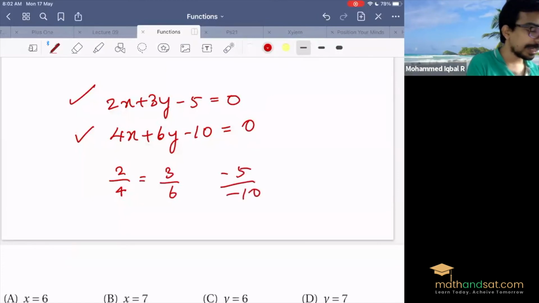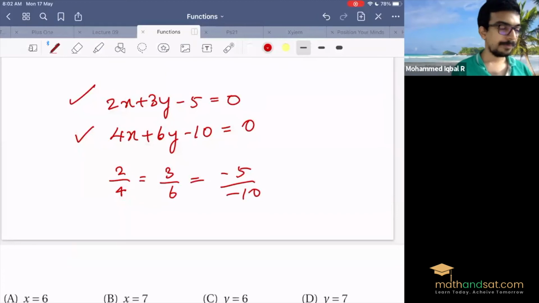Don't you see that they are exactly the same? They are all same. This simply suggests that the second line is obtained by multiplying the entire equation with another constant. That's all. No big deal.